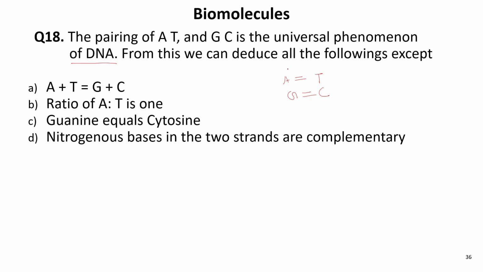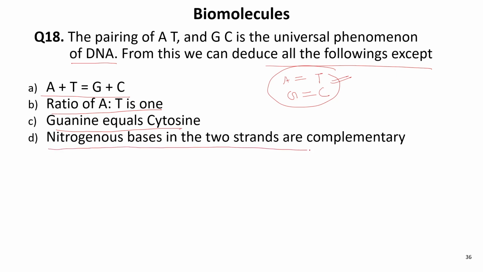Now from this we can deduce the following except, means this particular thing favors all the three options except one. Now we have to find the one option that does not fit. A plus T is equal to G plus C. Second option, ratio of A to T is 1. Guanine equals cytosine, and nitrogenous bases in the two strands are complementary.